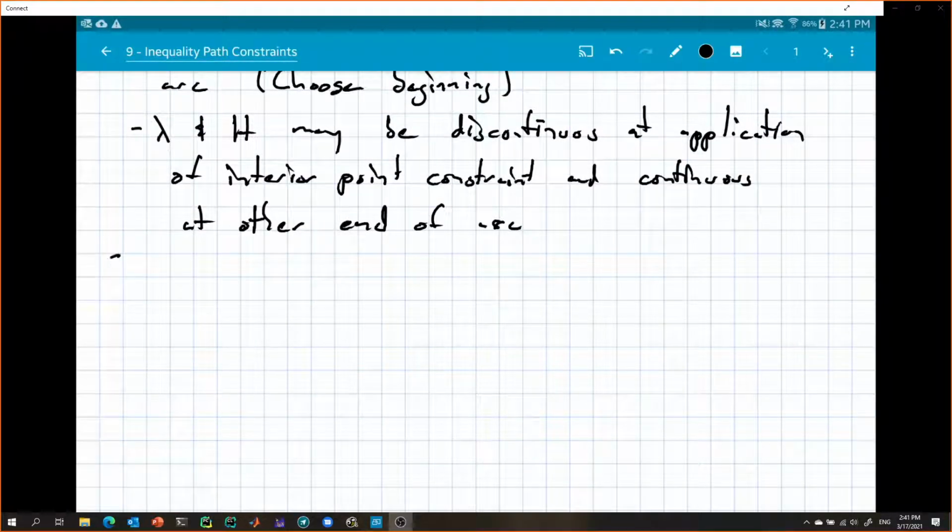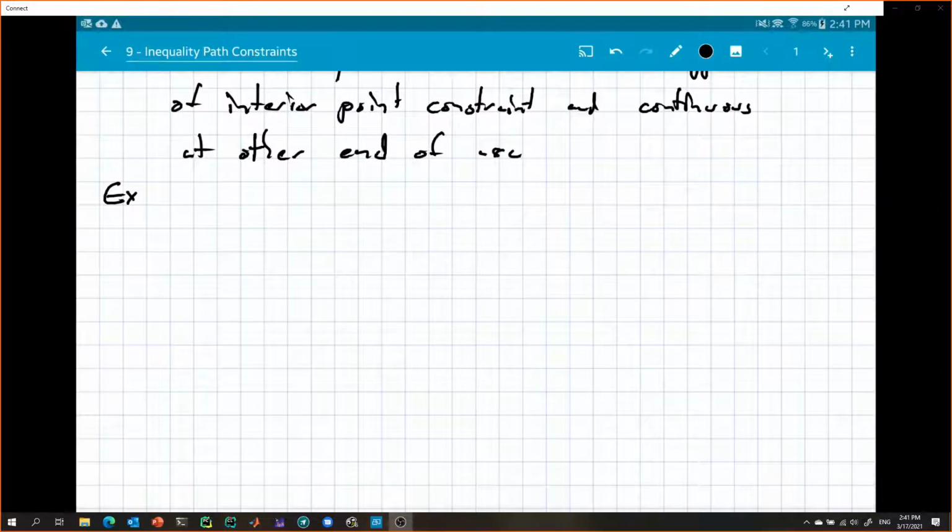Okay, so now I'm going to do an example of the state constraint. This is a relatively simple problem, but you can see how tedious it becomes. We minimize J equal to 1/2 the integral from 0 to 1 of u squared dt.